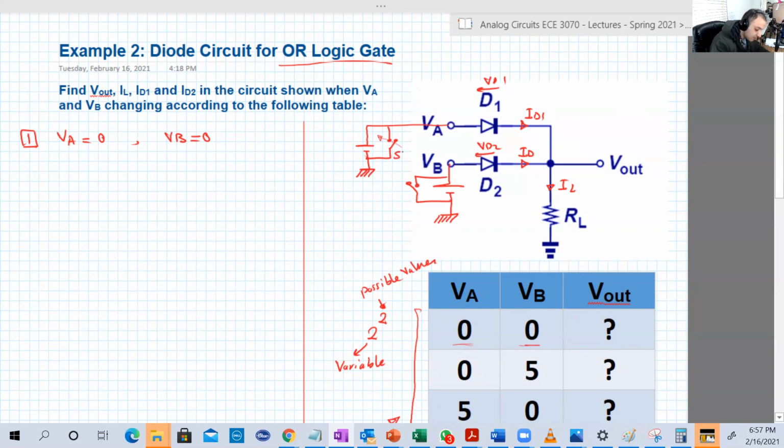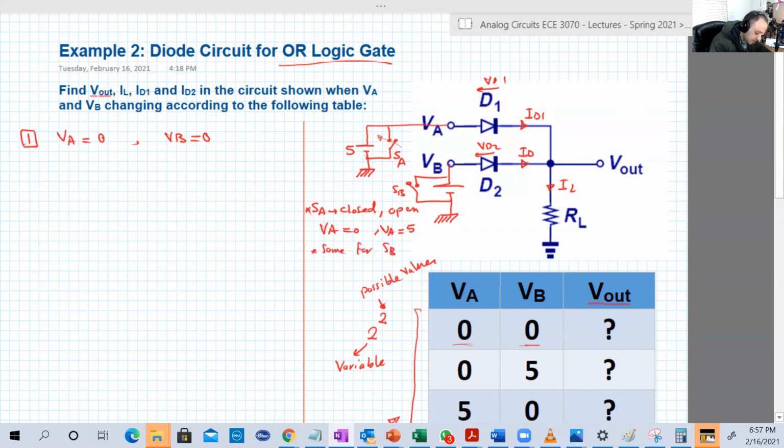Let's call them SA and SB. If SA is closed, VA will be 0, right? Because we shorted the battery. If SA is open, VA is equal to 5.